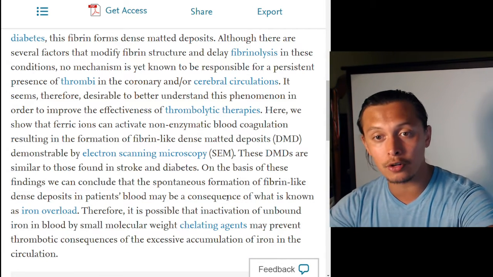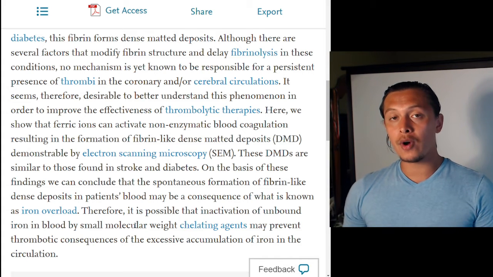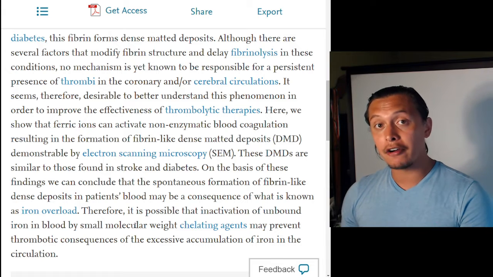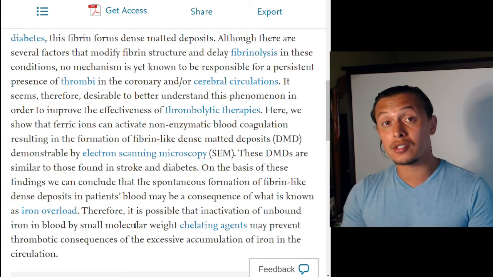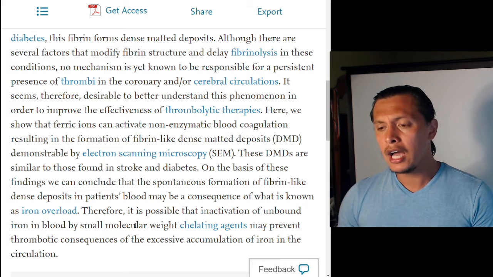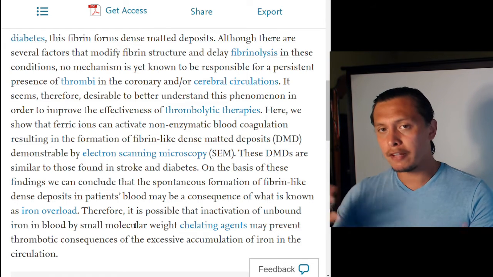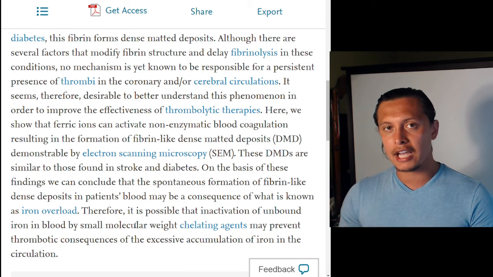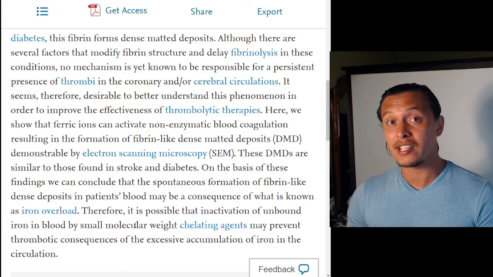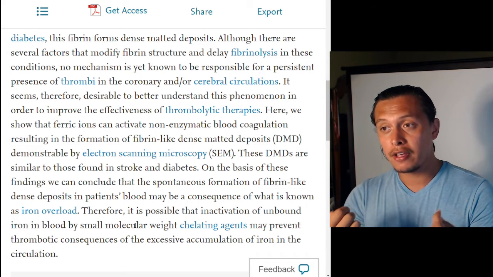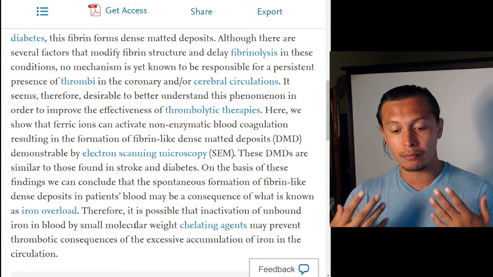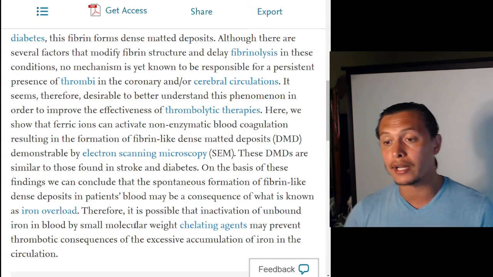So this is just another paper describing that when you have free ferric ions in solution, and sometimes if you have iron 2+, the iron 2+ can also oxidize into iron 3+, so you can't really completely separate them. But if you have iron 3+, you are going to get this precipitation of blood proteins out of solution, and they are going to be resistant to fibrinolysis, or resistant to the proteins degrading them, at least to a degree.